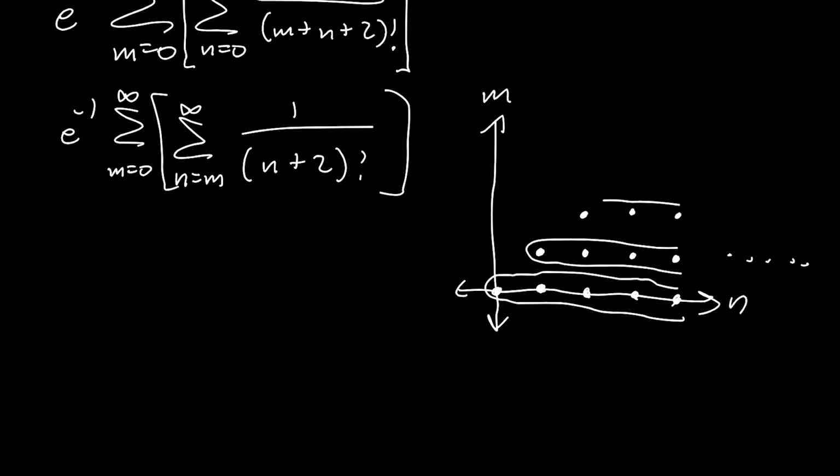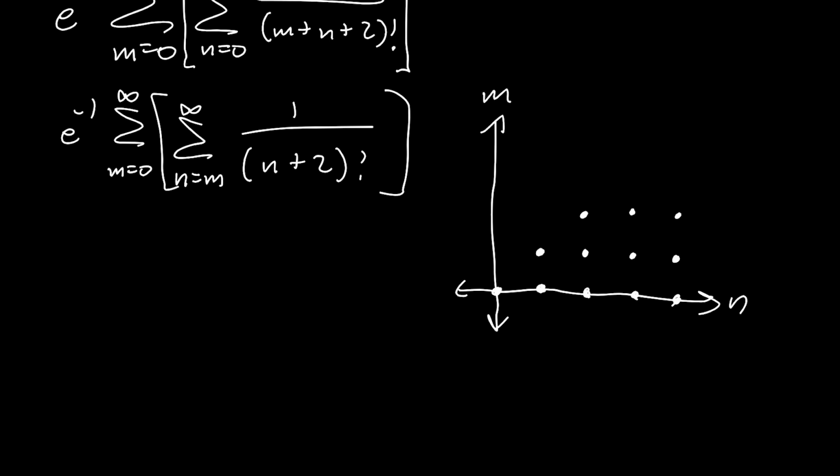However, another way that we can express this same summation is instead of counting horizontally, we can instead count these vertical boxes. So you have this one vertical box at 0, we have this vertical box here at n equals 1, this vertical box at n equals 2, and then if we continue this pattern, we're going to end up getting this sort of triangular pattern.